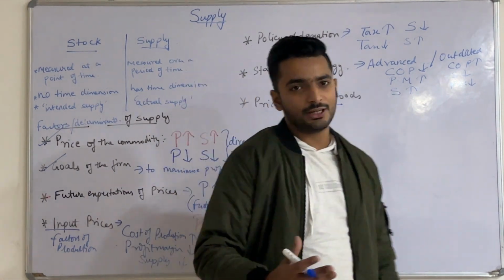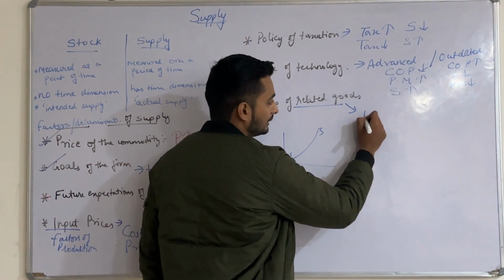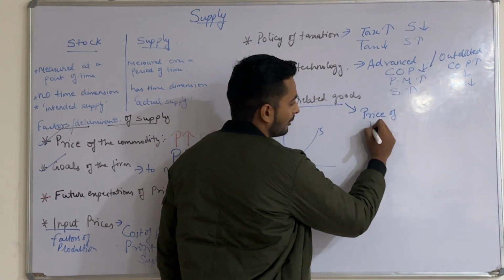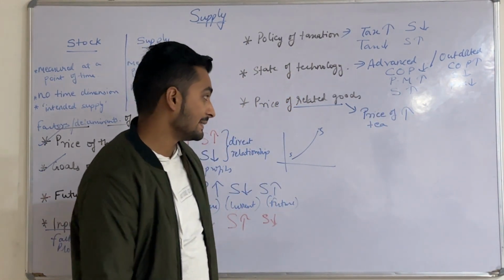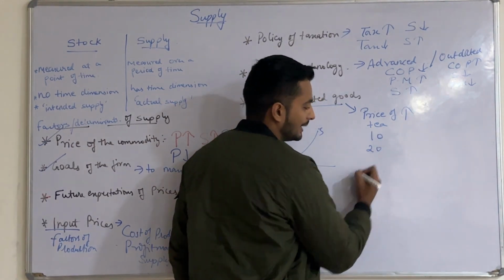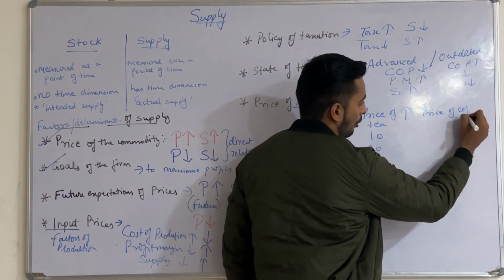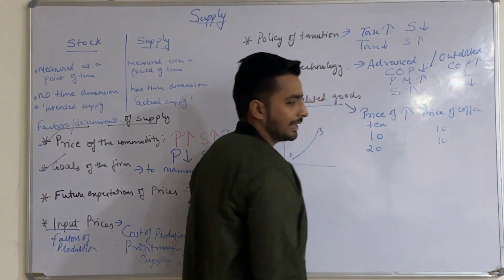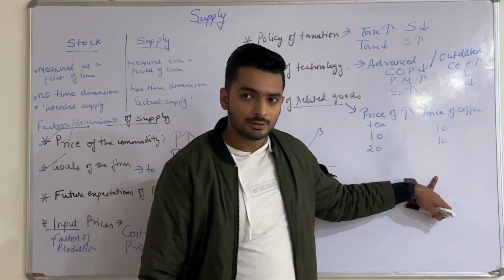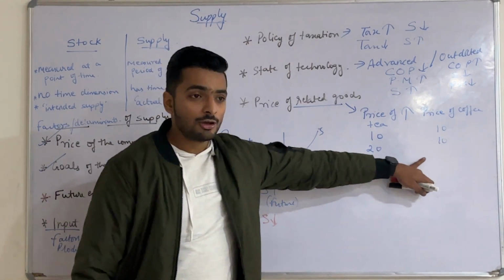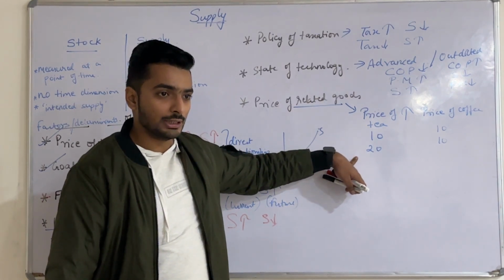Related goods are goods which are related to each other, like substitute goods, tea and coffee. So in supply concept, what will happen? Suppose the price of tea increases from 10 rupees to 20 rupees, and suppose the price of coffee is at 10 rupees only. The seller will sell more tea and less of coffee, because if the price of tea is increasing, he will get profit from tea, not from coffee.